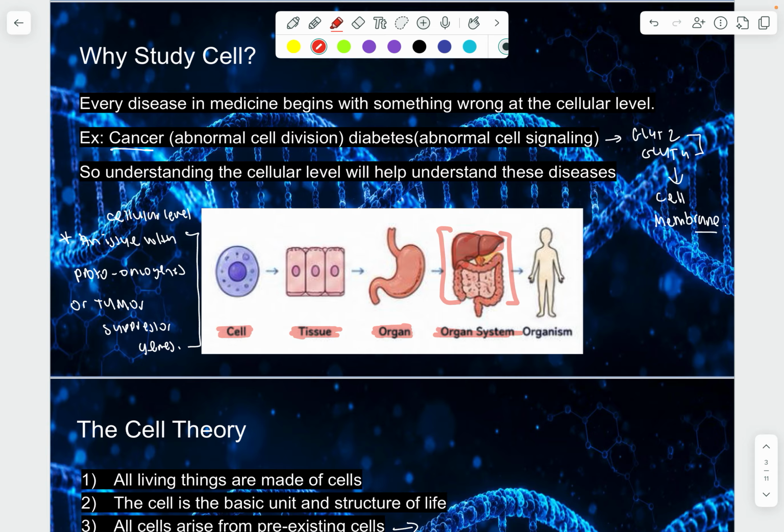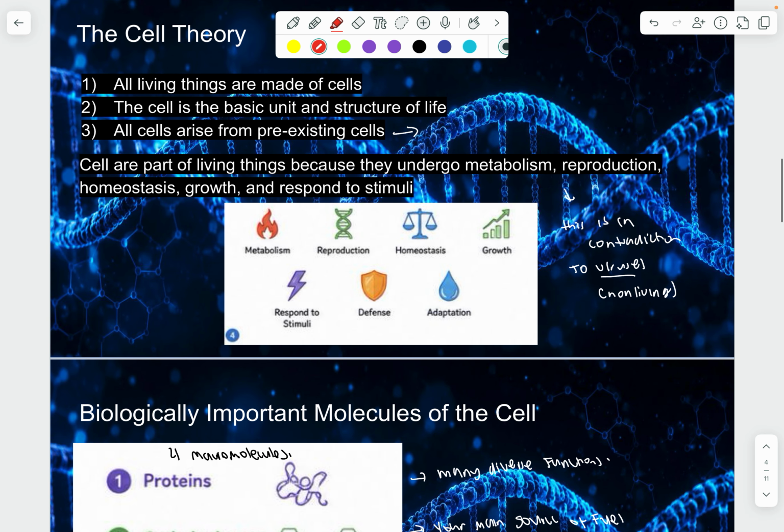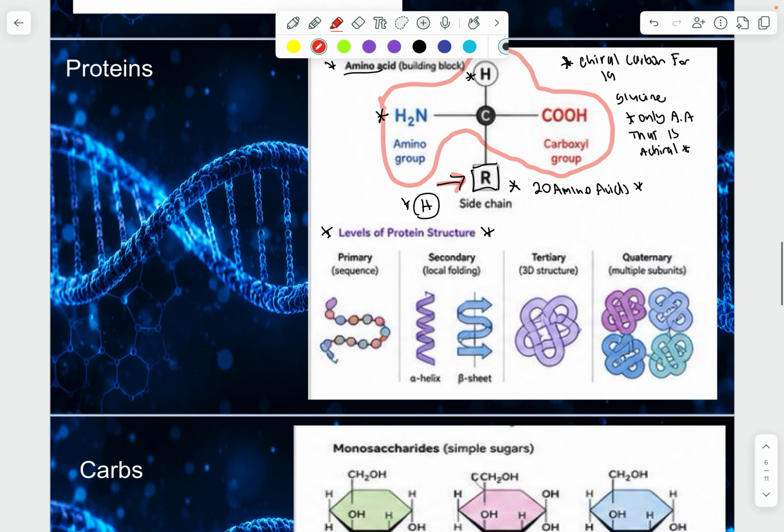That is the liver. That is your large intestine, small intestine. And then over here you have an organism. So cells make tissues, tissues make organs, organ systems make an organism. So now when we go to proteins, you have different levels of protein structure: primary, secondary, tertiary, and quaternary. So we will go in a little bit of depth of each of these.